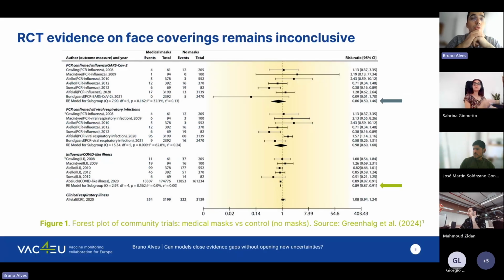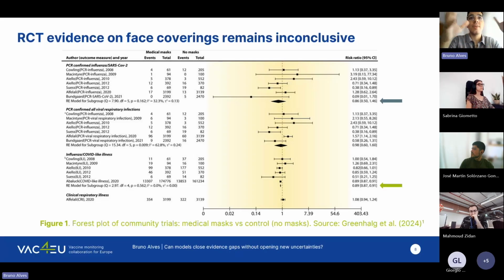I went to look at this other paper, not the paper that we're discussing, the Greenhalgh paper with the meta-analysis. And this is a picture with a forest plot of RCTs in the community. With the gray arrow, I tried to show you the value that the authors cited regarding the 14% reduction in PCR-confirmed influenza and SARS-CoV-2, but you can see it's not significant.